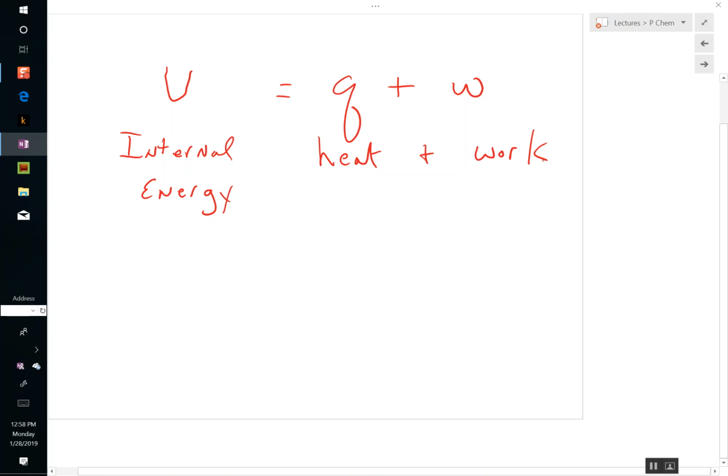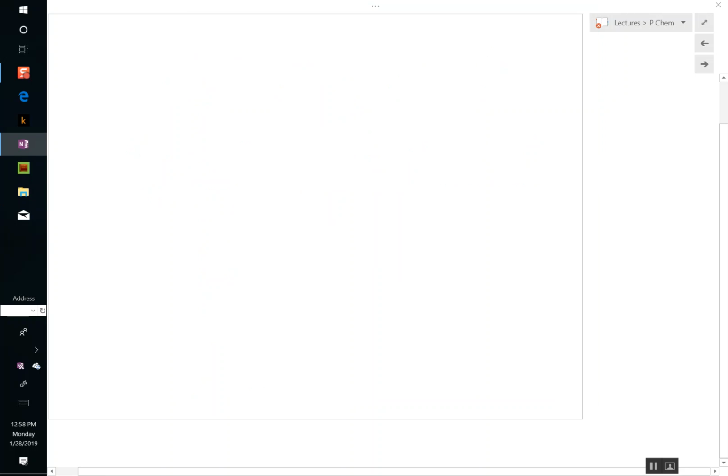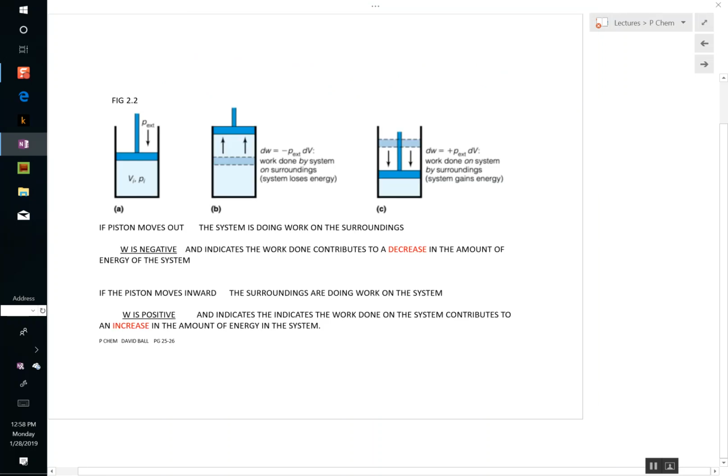So there's two things here that are contributing to the total energy of this system. All right, so that introduces the first law of thermodynamics. The internal energy is constant, and it is a sum of those two things.